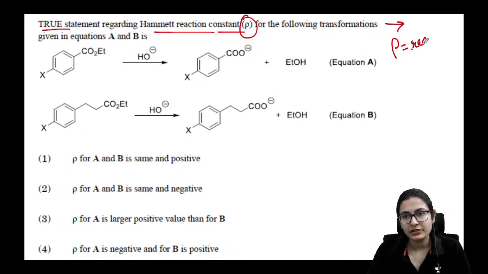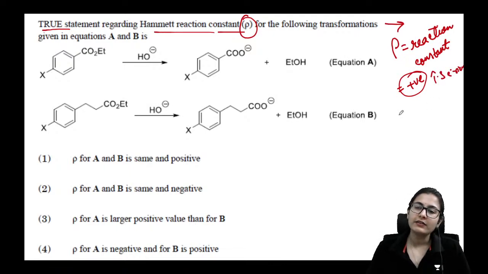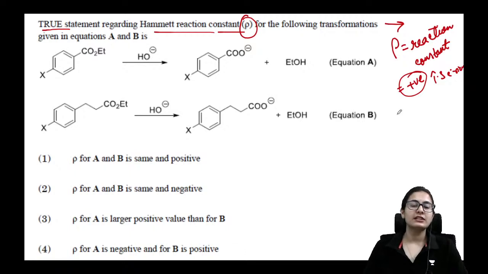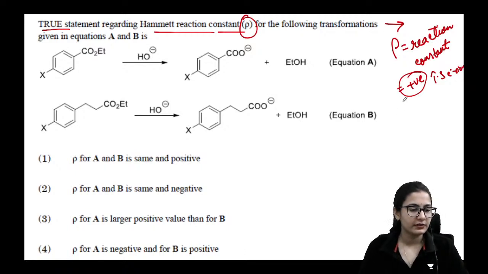Rho is the reaction constant, isn't it? This was the reaction constant. And when the reaction constant is positive, you say that the transition state is electron rich. And when the rho value is negative, the transition state is electron deficient.